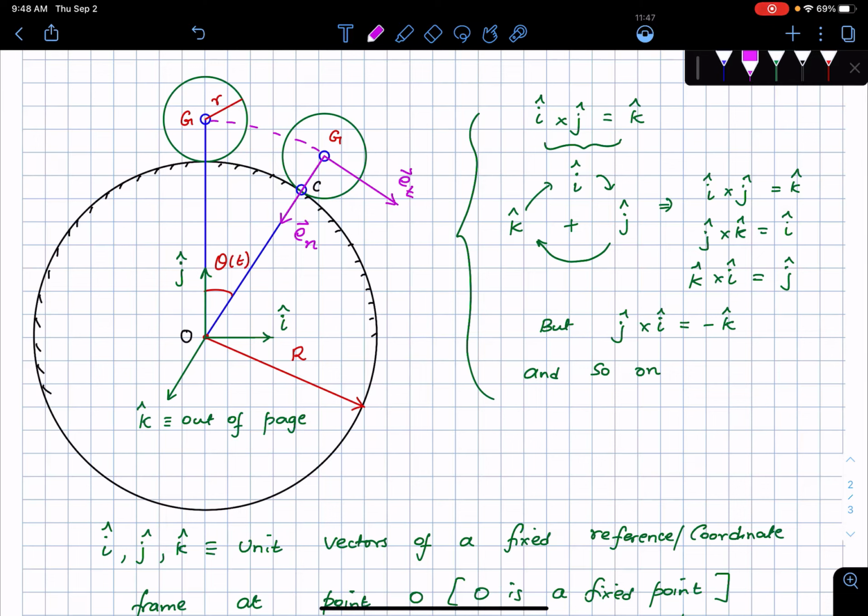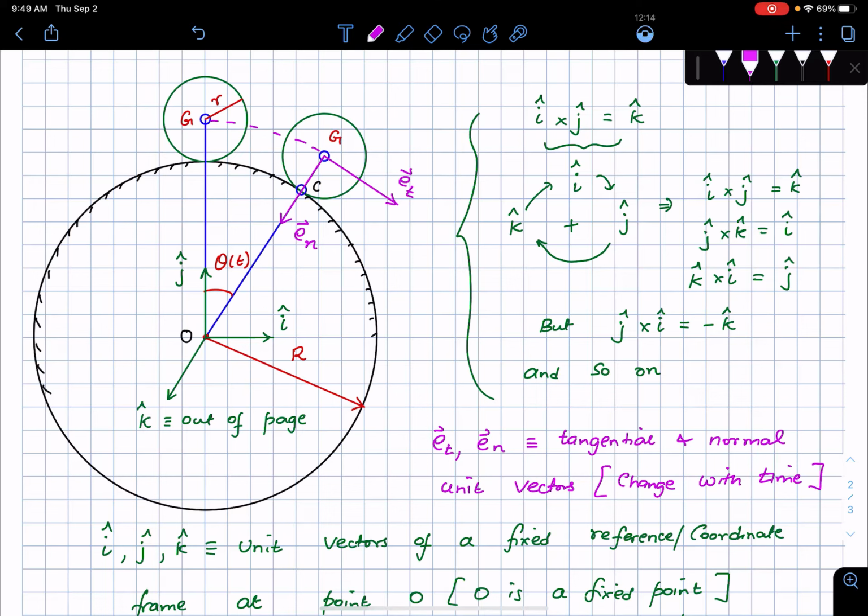Now E suffix t and E suffix n are the tangential and the normal unit vectors that change with time. They change position with time. They are not a fixed frame as opposed to the IJK coordinate system, which is a fixed reference frame.